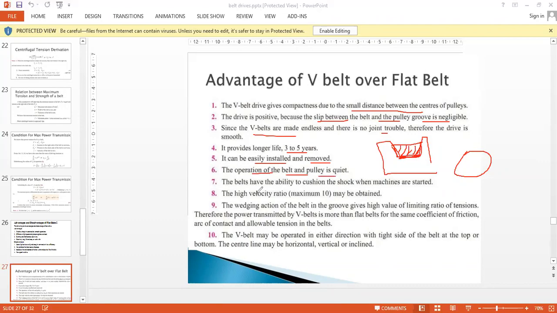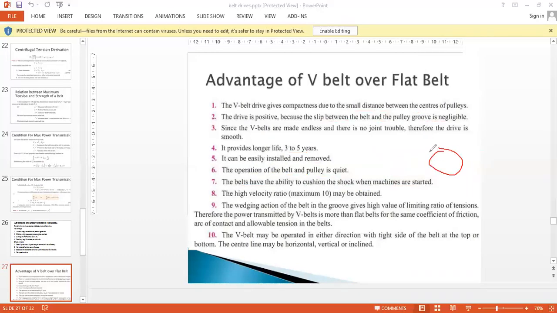Belts have the ability to cushion and have a shock resistant system, because once the system has been started from a stationary position, there's a sudden movement of the pulley which will create a sudden expansion of the belt, pulling it suddenly.